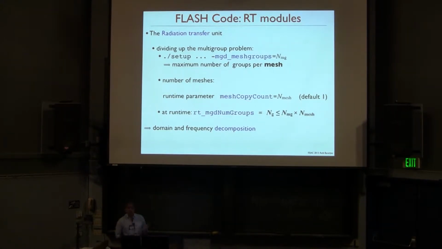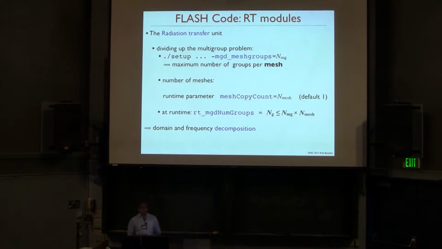Essentially, you have to copy your entire mesh on various CPUs and have an identical copy, which is then treated by the individual diffusion solvers for individual frequency bins, for individual groups. So what you do is use a runtime parameter where you can specify the number of copies of your individual spatial domains.